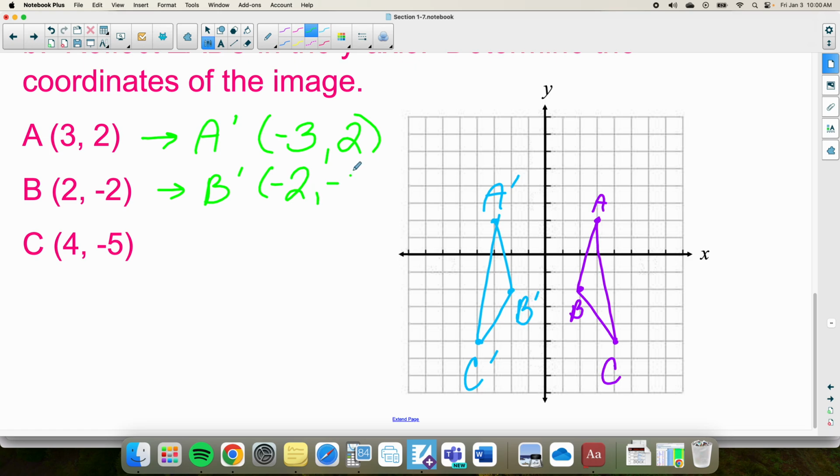So this would be -2, -2, C prime would be -4, -5. And then you can always go here and see if A prime is -3, -2, is B -2, -2, and so on. Okay? All right.